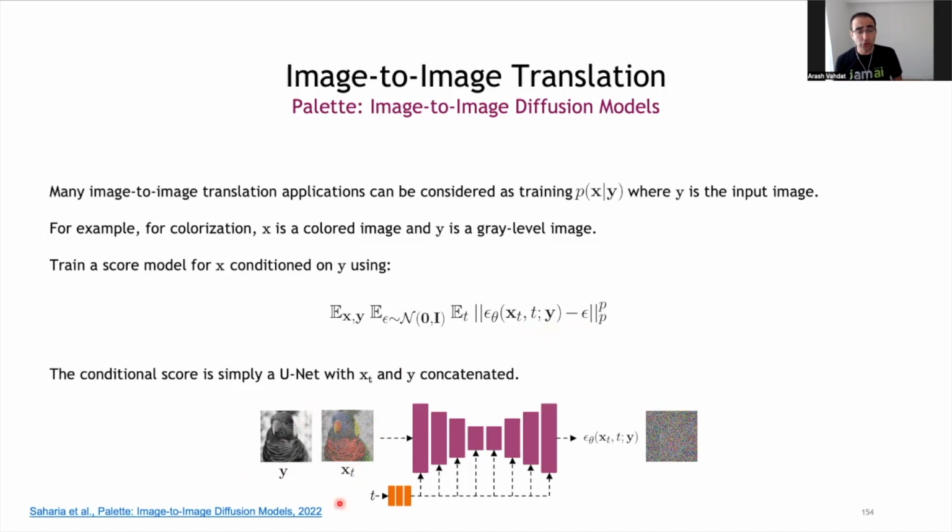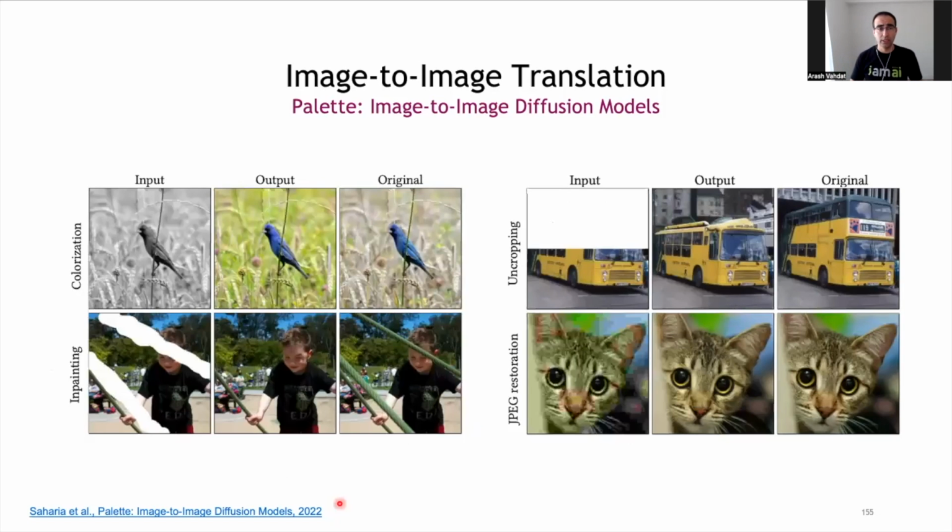The authors tried their image-to-image diffusion model on 4 different tasks, including colorization, inpainting, JPEG restoration, and uncropping, which is basically, given this image, they wanted to extend the image and provide, like, the upper part of it, so they called it uncropping. And this paper shows that diffusion models can achieve very good results on these 4 tasks.